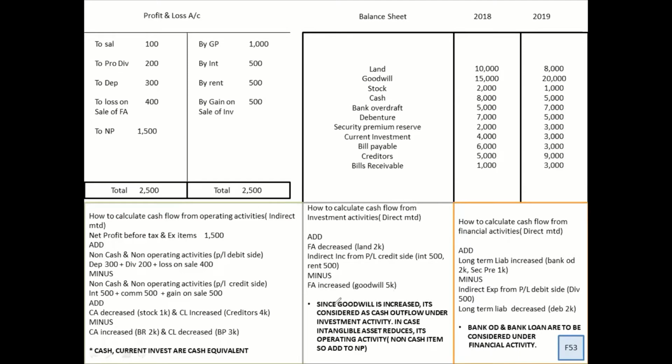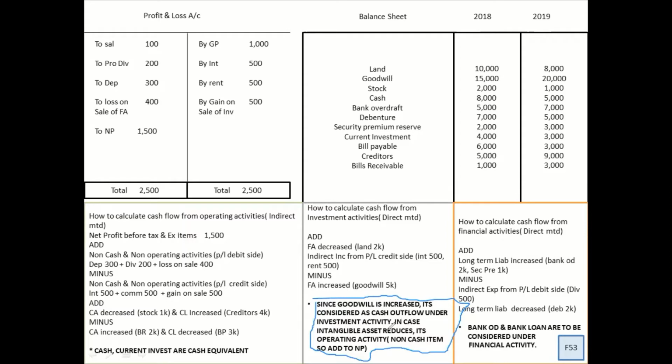All right, one important note over here. If you see this part, goodwill is increased, it is considered as a cash outflow under investment activity that we learned. But what happens if goodwill reduces or any intangible asset reduces?